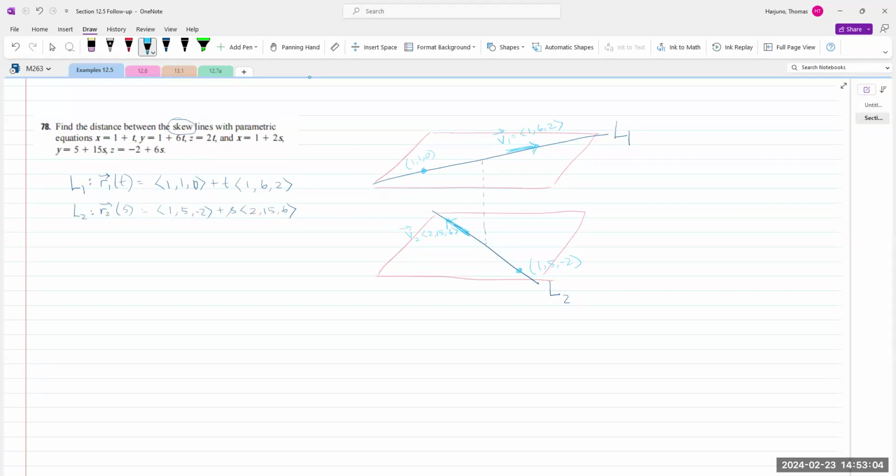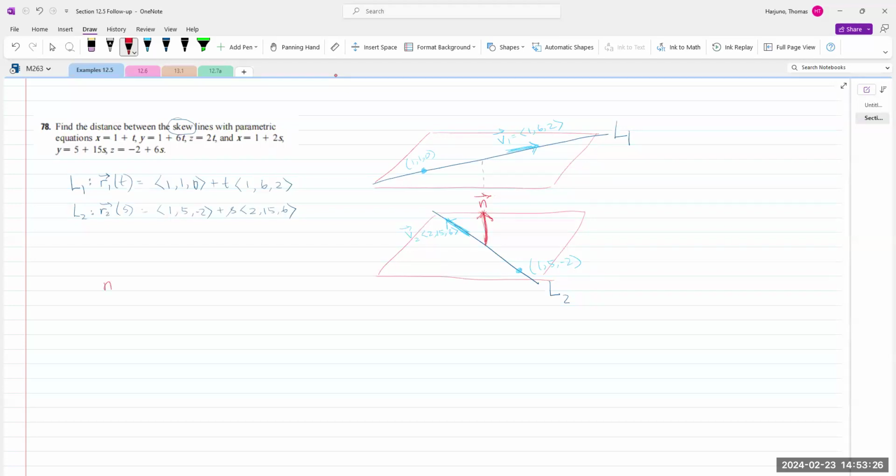Okay, now I will rearrange these vectors in a way that I can get the following. Take a look. I want to find a vector normal to both of the planes. Call this vector n.